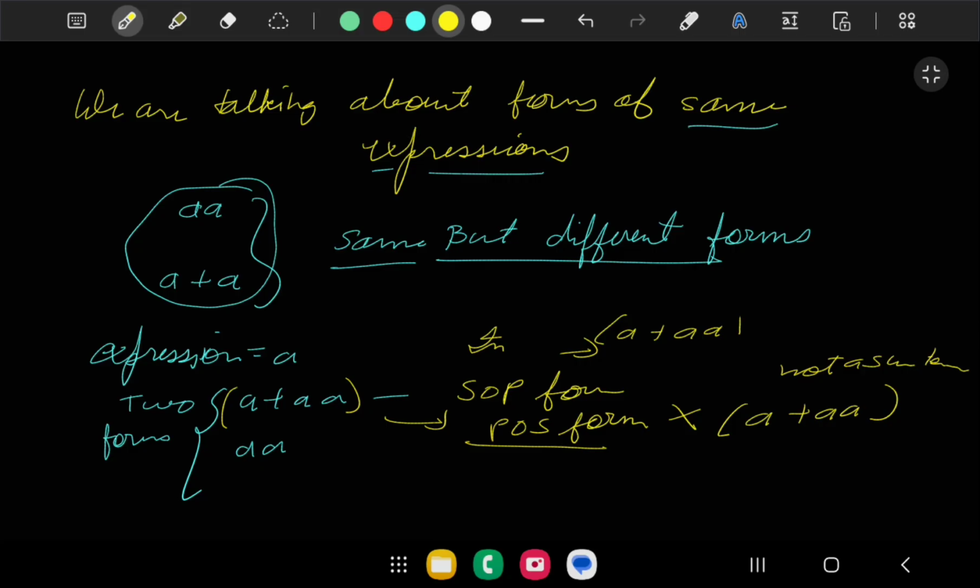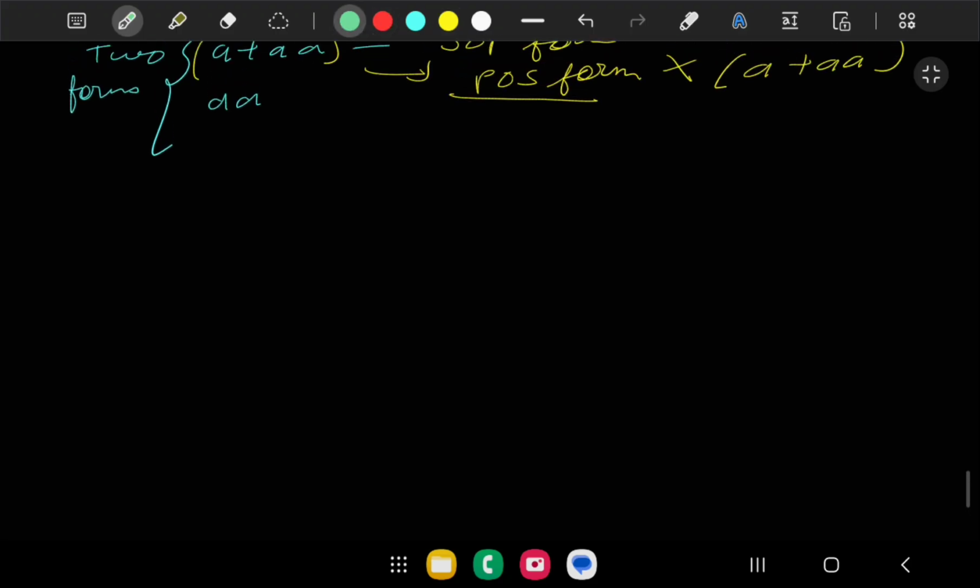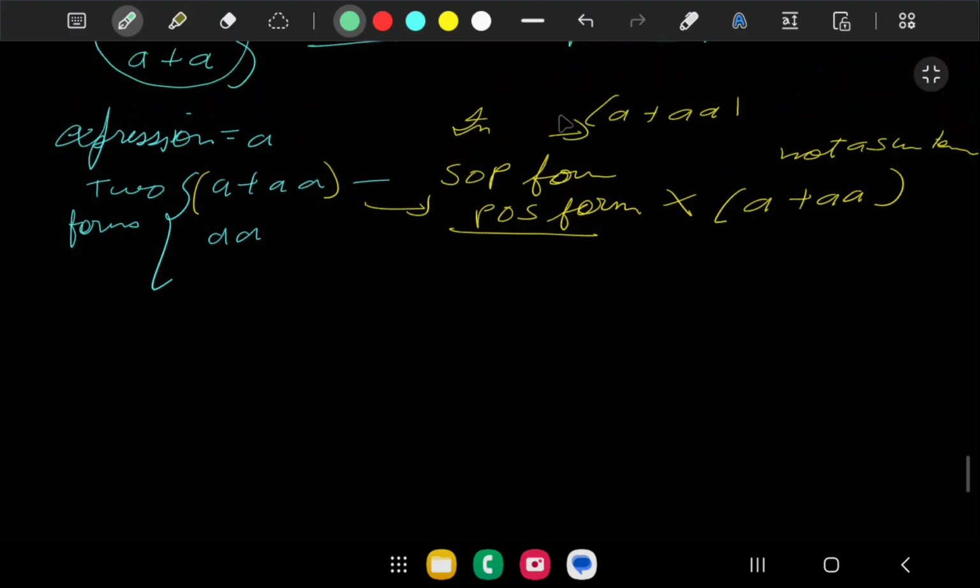So what is a sum term? Sum term means summation of literals. This is not a literal, right? Summation of literals. This is a literal, but this is not a literal. So this is not a sum term. This is in POS. You can think like this.